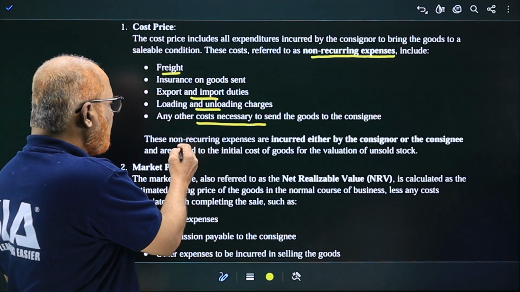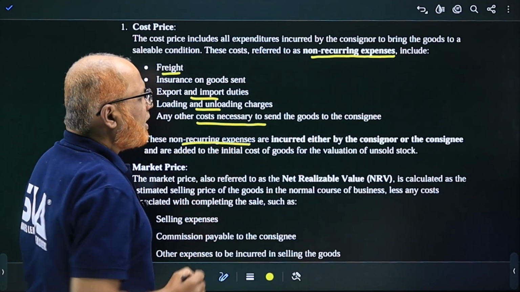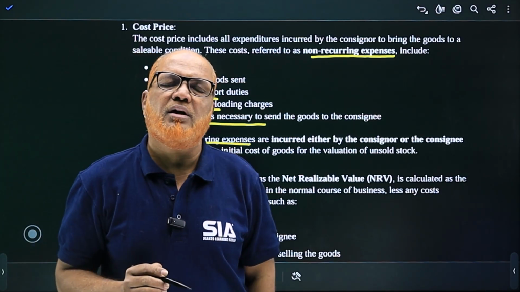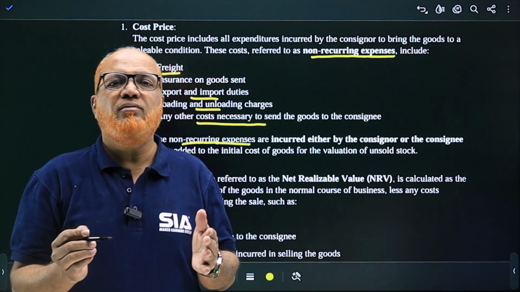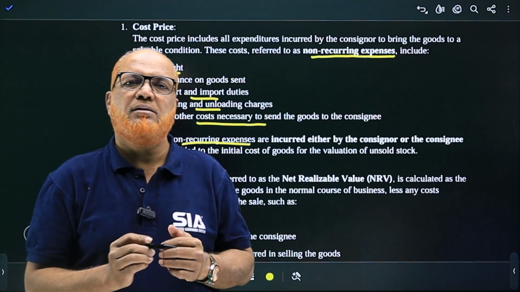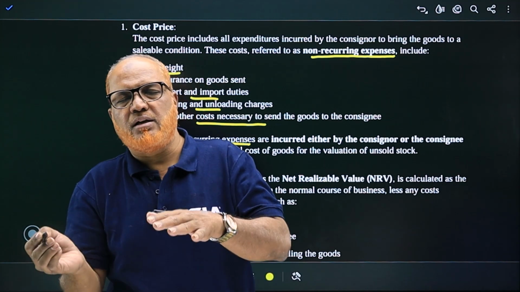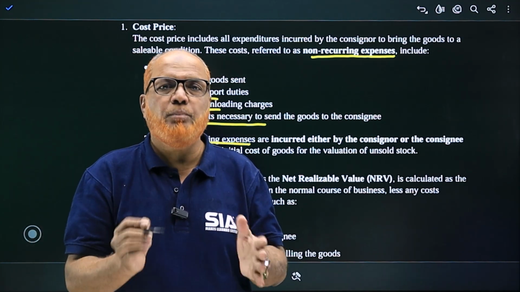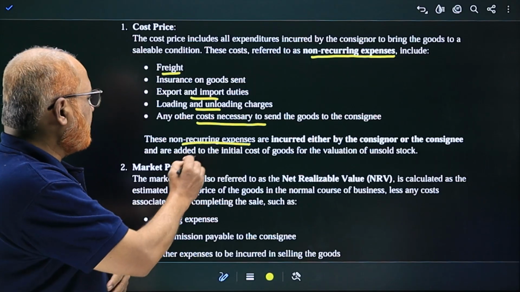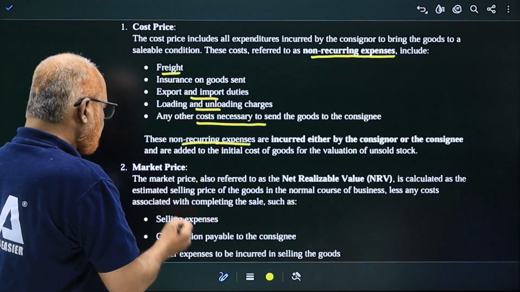These non-recurring expenses are incurred either by the consignor or the consignee. Sometimes the consignee will also incur these expenses. So both the direct expenses incurred by the consignor and the consignee should be considered in calculating the value of unsold stock.